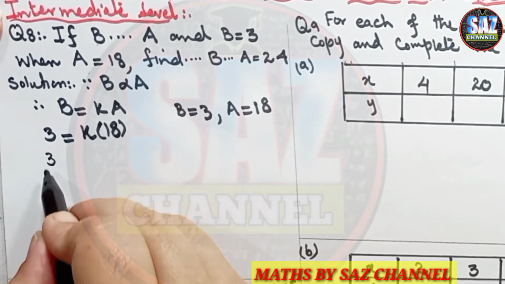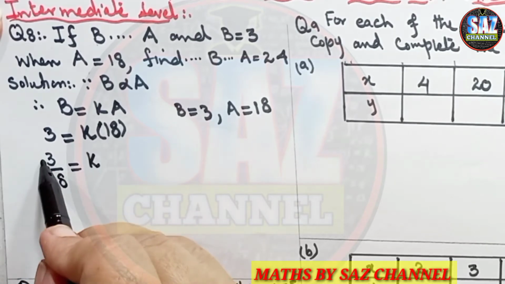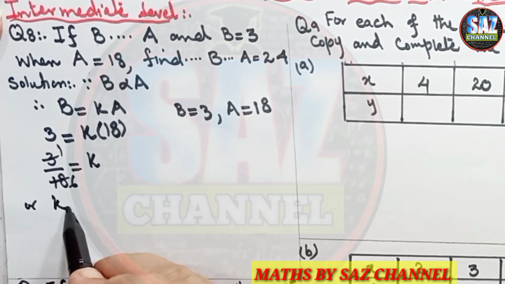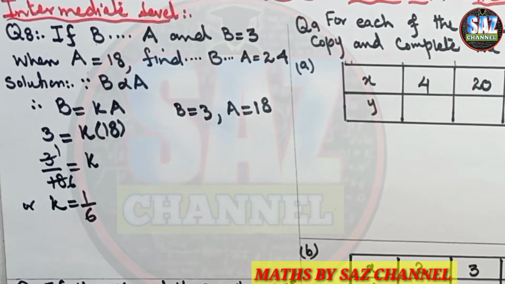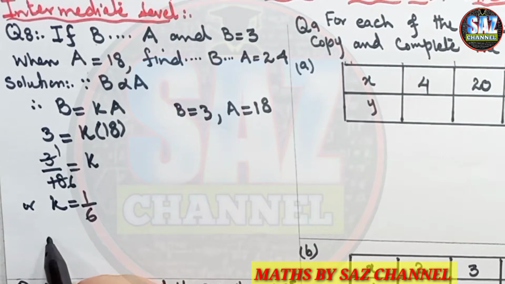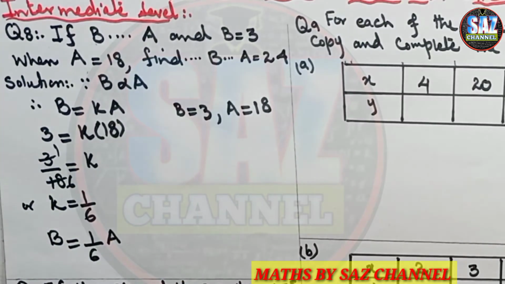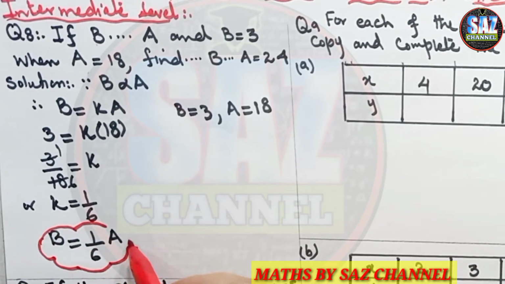It will become 3 by 18 equals K, and read the table, 3 ones are 3, 3 sixes are 18, so K will be equal to 1 by 6. This is the constant of variation you are getting. And now my equation will take the form B equals 1 by 6 times A. This is the equation that is connecting B with A. I hope you are clear about this condition.